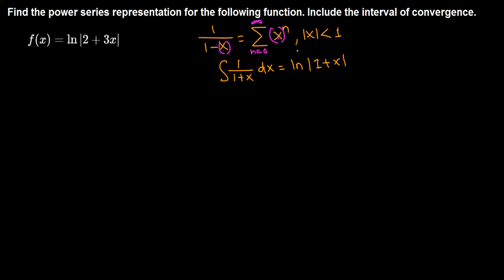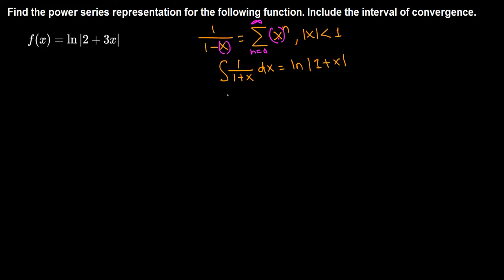Now we need to relate the natural log of this to 1 over 1 minus x, and we know that the antiderivative of 1 over 1 plus x is natural log of 1 plus x, but we have to get 2 plus 3x, natural log of 2 plus 3x.